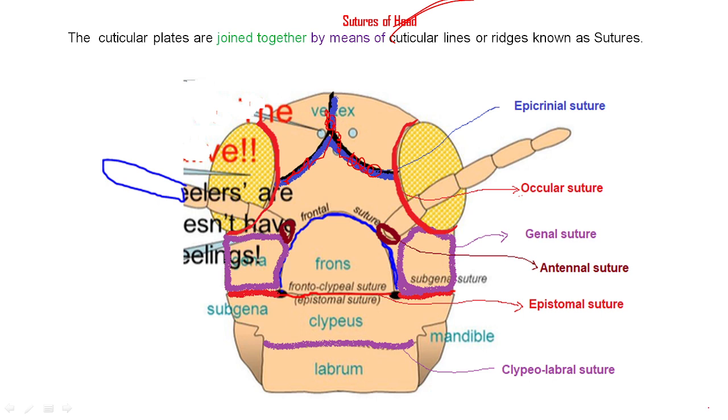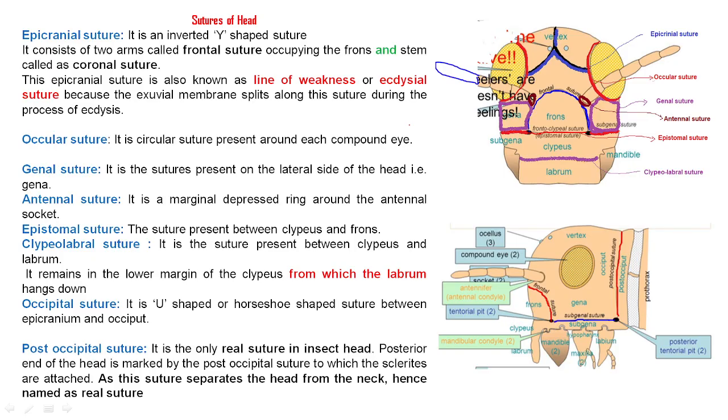This is the clypeolabral suture, next epistomal suture, next antennal suture, genal suture, ocular suture, and epicranial suture. Epicranial suture is also known as line of weakness or ecdysial suture because the exuvial membrane splits along this suture during the process of molting or ecdysis.